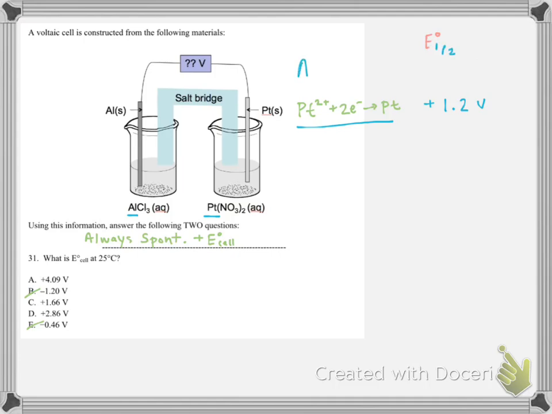Okay, so we'll have aluminum going to Al3+ and 3 electrons. And that will now be positive 1.66 volts because I flipped the reaction, so I'm going to flip the sign.